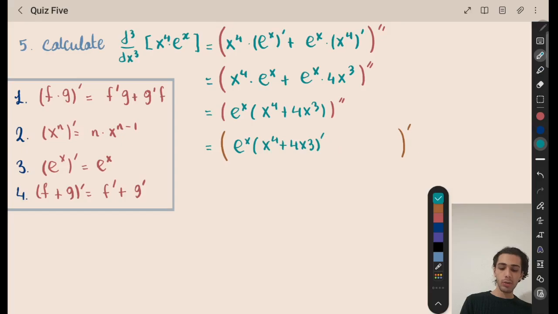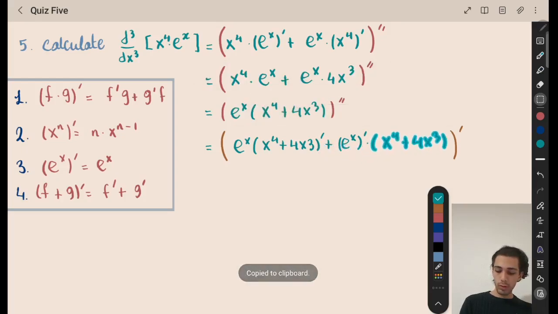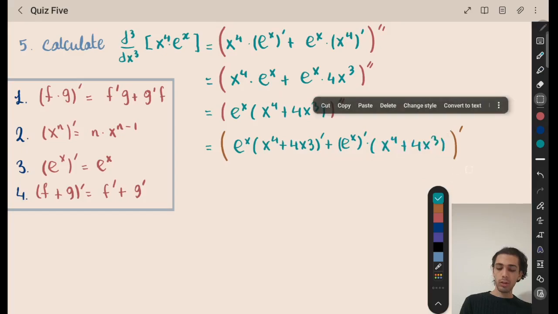Put a prime here to signify the derivative, plus the derivative of e to the x times the other function, but it's going to be fixed. So we don't need to take its derivative.